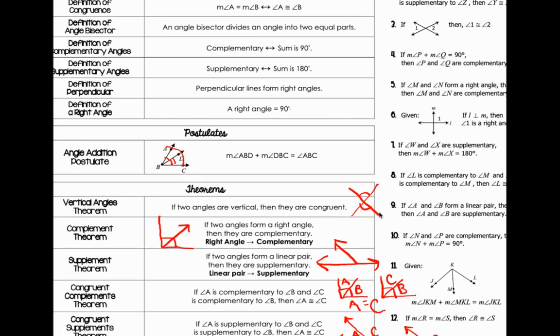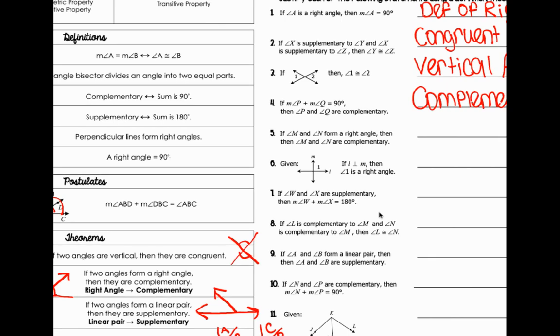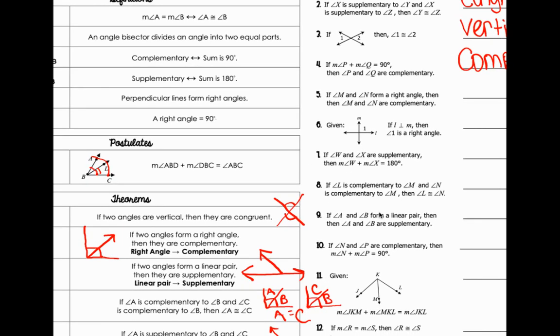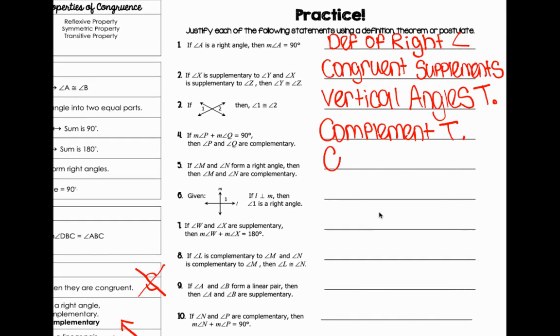So that is going to be our complement theorem. If M and N form a right angle, then M and N are complementary. So that's going to be, because they form a right angle, the complement theorem.